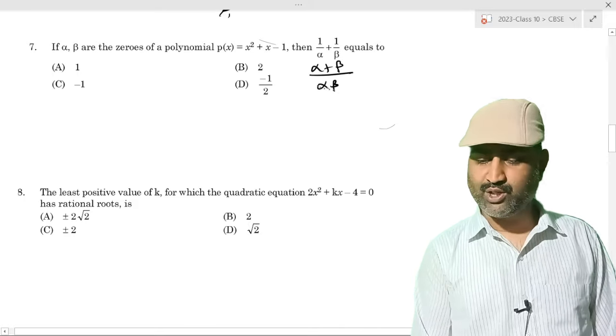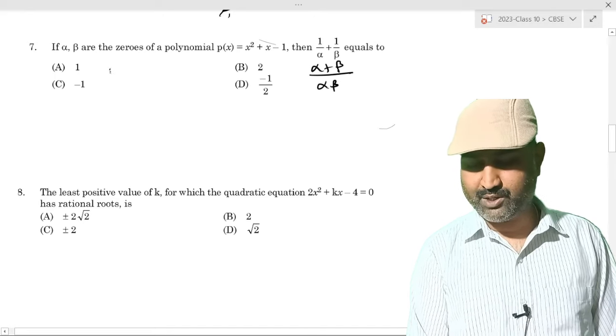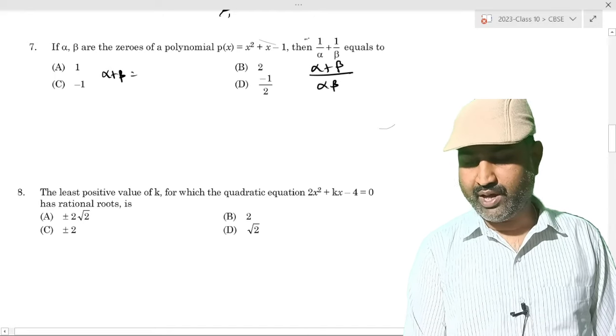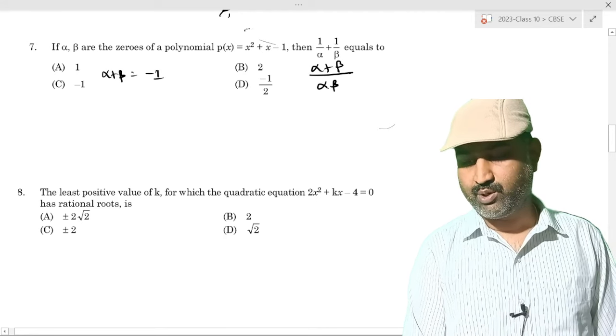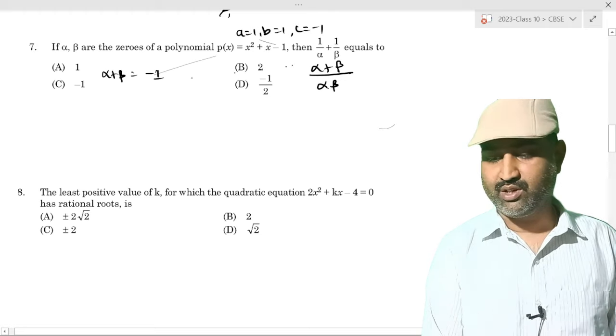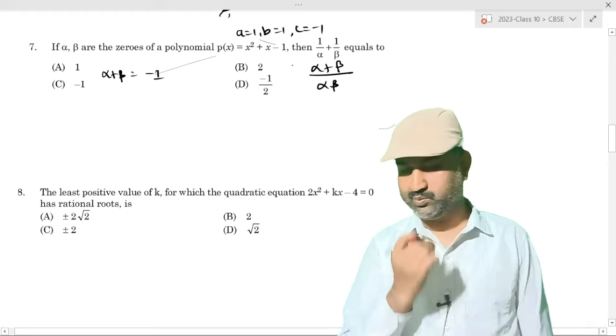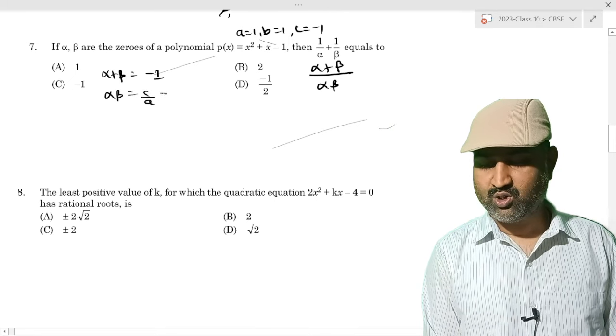Now I know the sum of zeros, alpha plus beta, is minus b by a. Minus b by a is minus 1 because a is equal to 1, b is equal to 1, c is equal to minus 1. And alpha beta is equal to c by a.